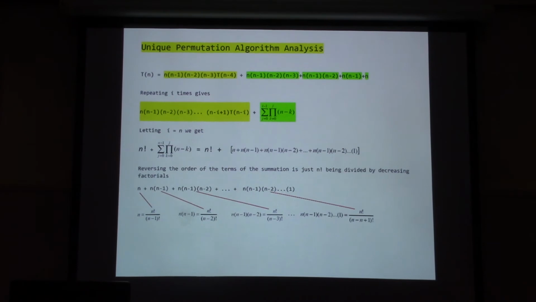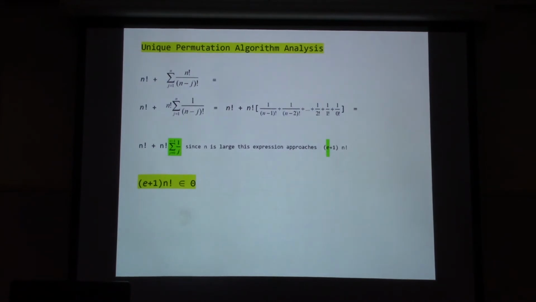And when we finish it, we end up with this expression. If we repeat it i times, it gives us this expression. And finally, we end up with some crazy expression here. So you can see what it's going to be. Now that's the worst case, which is a very easy analysis in a sense, because it comes out factorial.